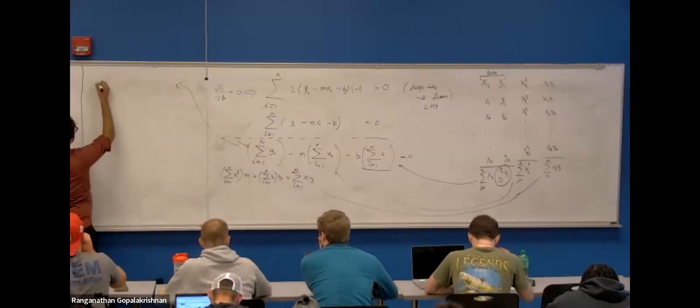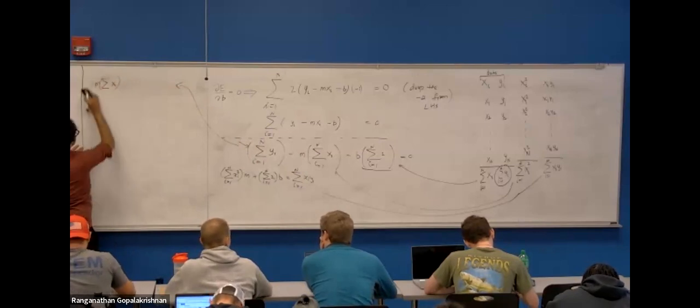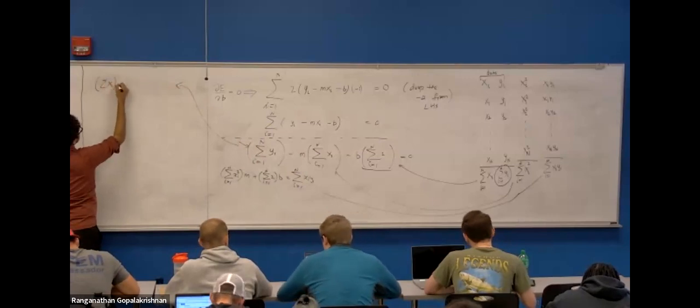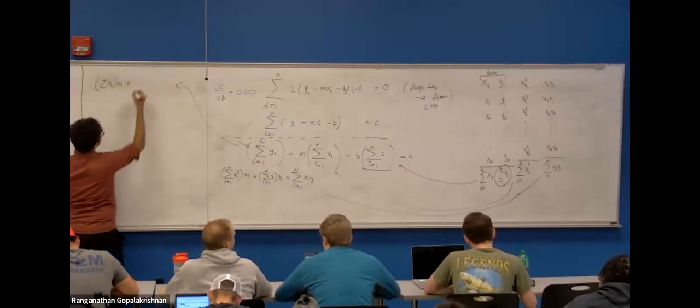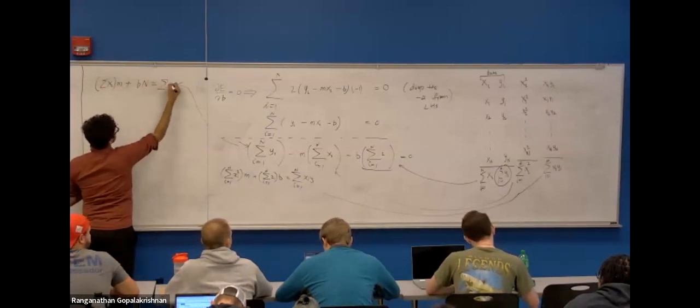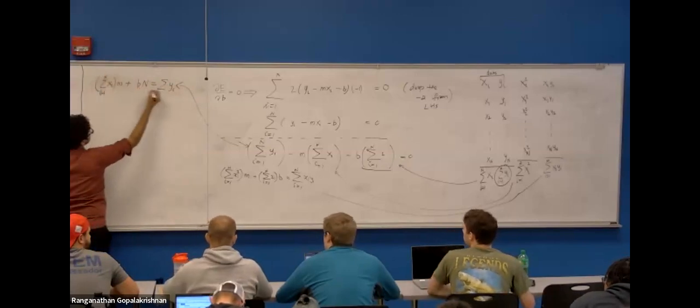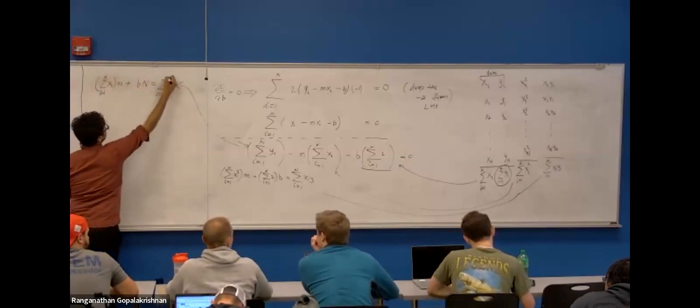I have m times sigma xi, keep it consistent, sigma xi times m plus b times n equal to sigma yi, where i runs from 1 to n.